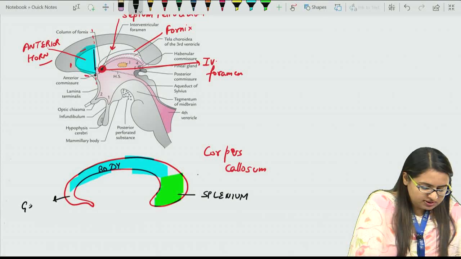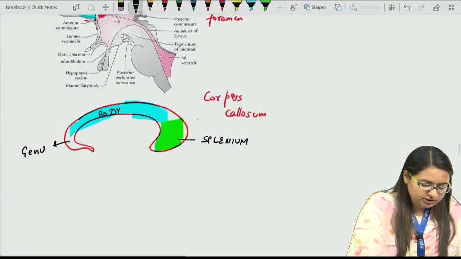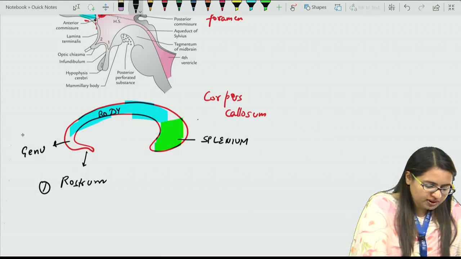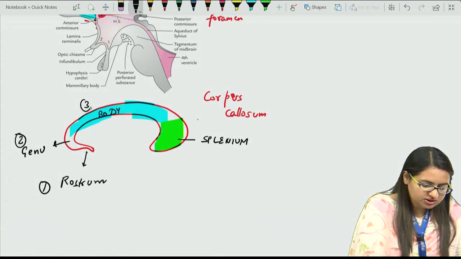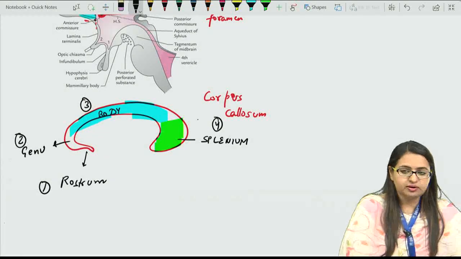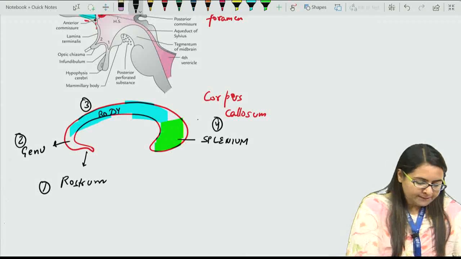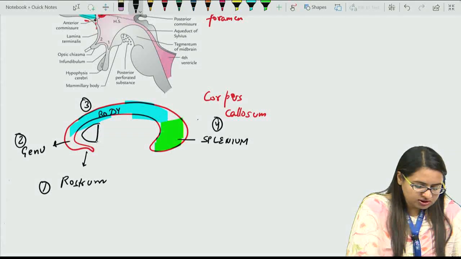This anterior portion is termed as genu, and this narrow portion is termed as rostrum. So these are the 4 parts of the corpus callosum, starting from the anterior to the posterior sides: rostrum, genu, body, and the splenium. Now as you have said, the anterior horn is located over here.